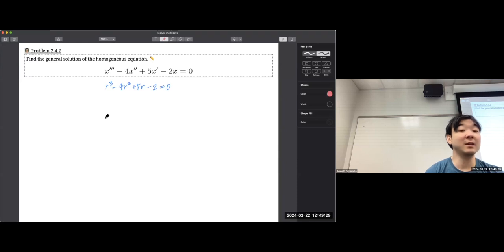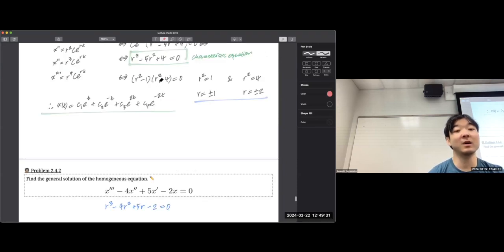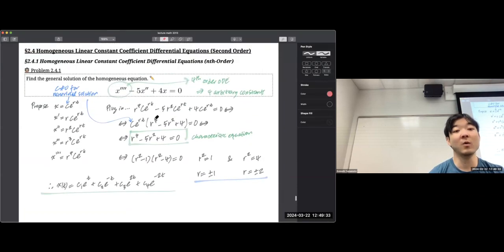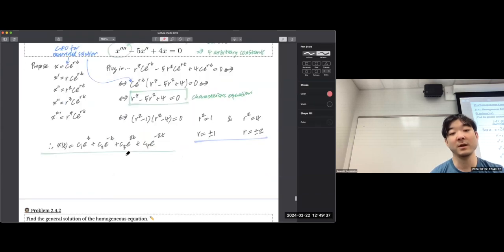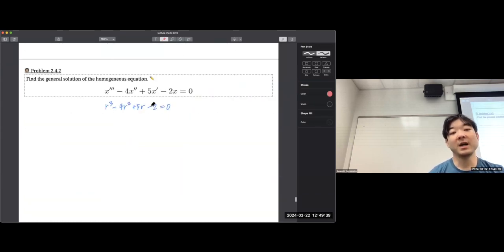And it turns out that the cubic equation is harder than this fourth degree equation, because it's hard to see what the roots would be. So you typically might try some easy numbers like r equal to 0, or r equal to 1, or r equal to -1.